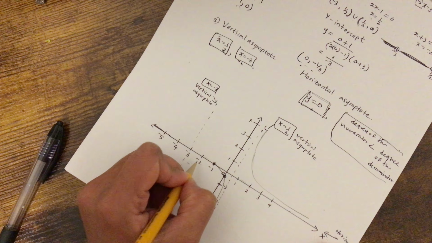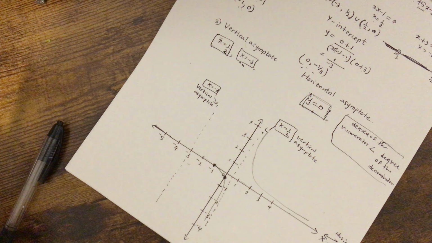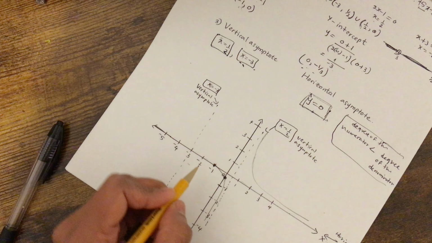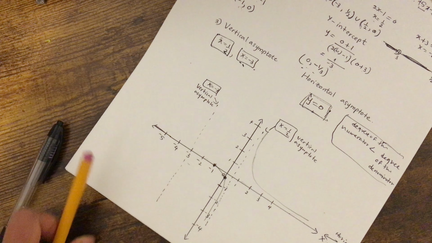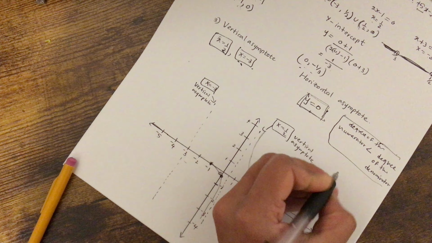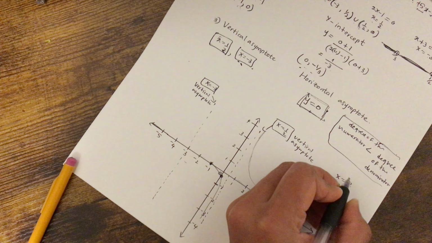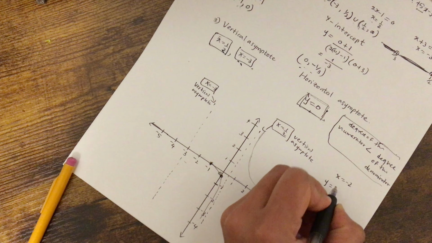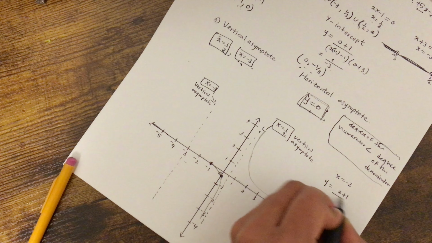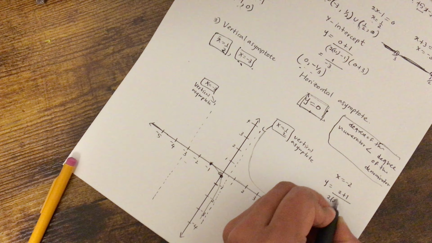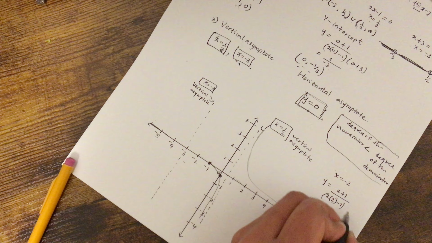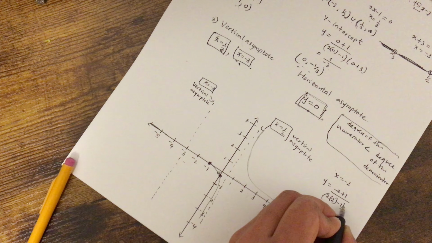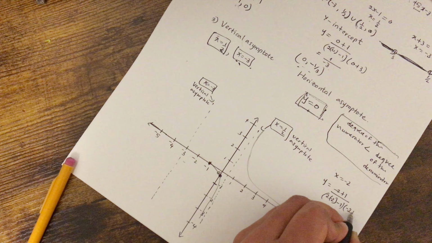But we have to find another point. Let's look at x equals negative 2. What's the value? If it is positive, then your graph goes like this. Okay, if it is negative, your graph goes like this. Let's substitute x equals negative 2 into the function, right? Negative 2 plus 1 over 2 times negative 2 squared plus 5 times negative 2 minus 3.